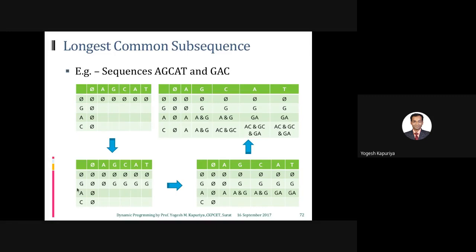Again, you compare A and G, not matches, the longest. T and G, not matches, the longest. So by this way, what this indicates is that if your first string is G and your second string is AGCAT, then this is the longest common subsequence.